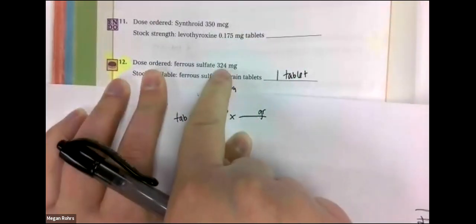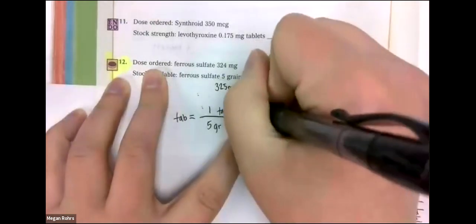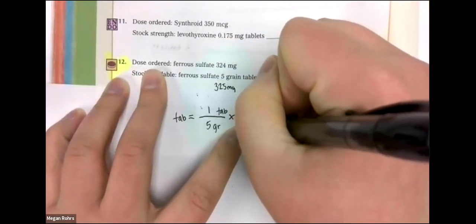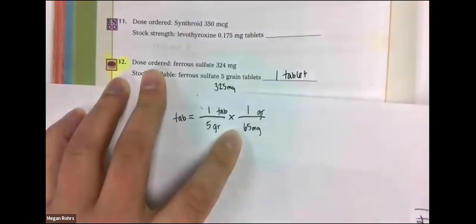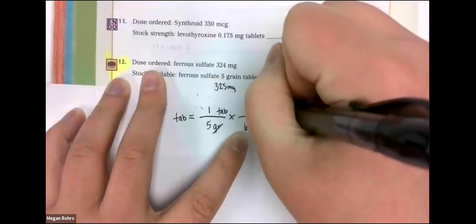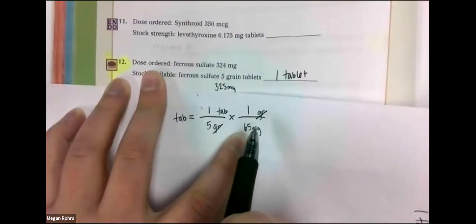Well, I have milligrams here, but I know my conversion factor, which was 1 grain of ferrous sulfate equals 65 milligrams. Now my grains will cancel out, but I still need to get rid of this milligram here.